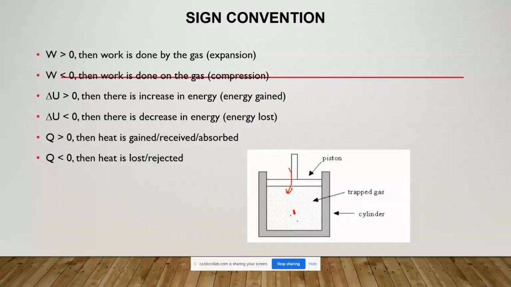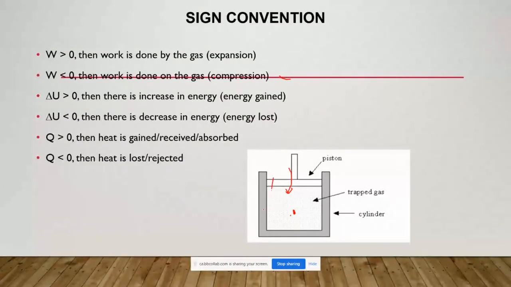So what is happening here? It means that work is being done on the gas. In other words, the gas is being compressed. So the answer that you're going to get here is going to be negative. When you do a calculation and you see a negative sign, you must know that the work is being done on the gas, and the gas is in compression.